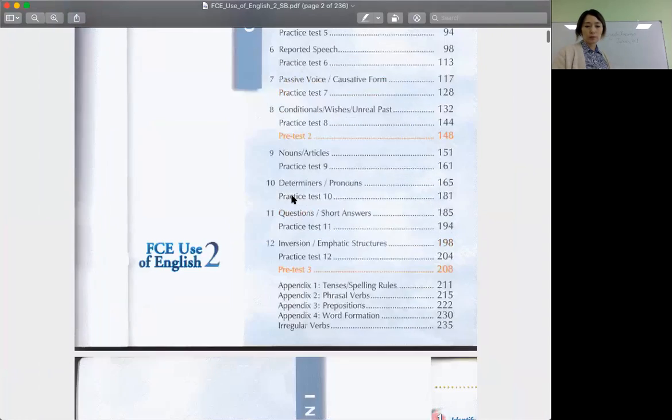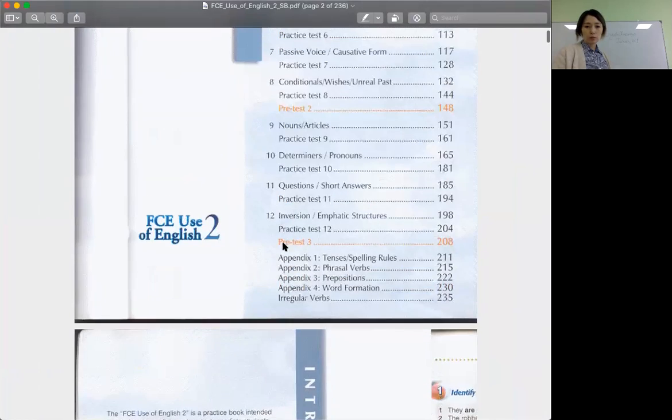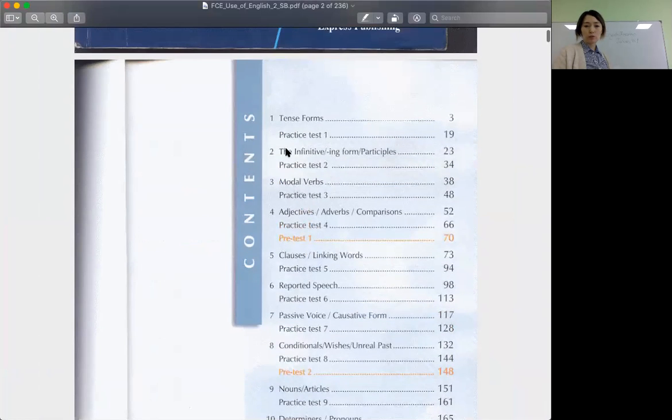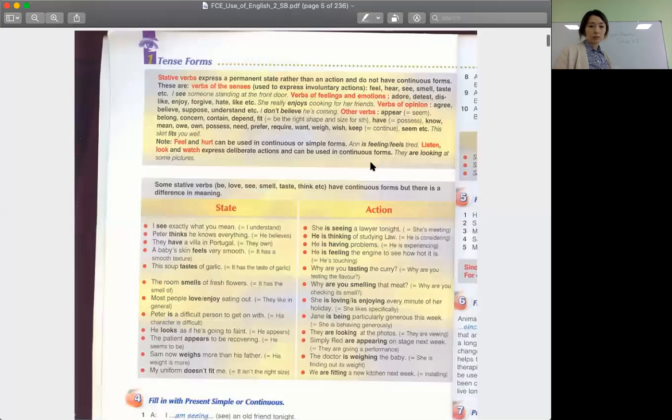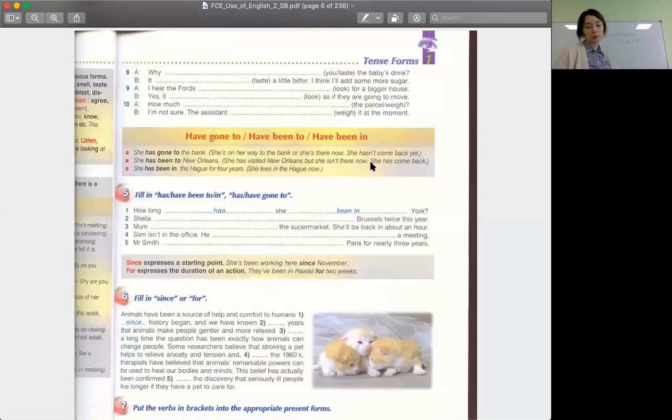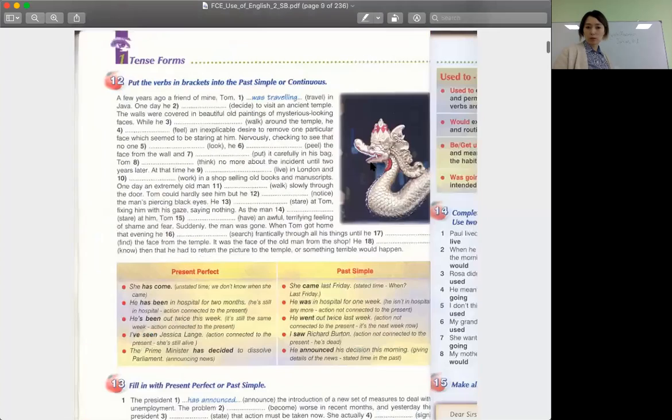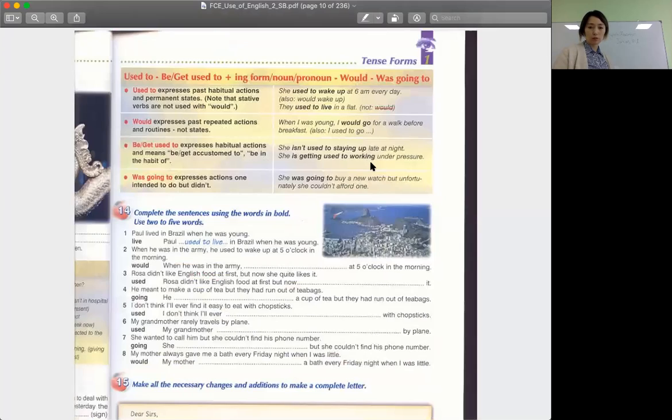And here, all in all, we've got 12 units. We do the first one first, test forms, tense forms. Again, explanation plus exercises, explanation, exercises. I don't think I'll have to explain anything about tenses. That's the first topic you have ever learned.